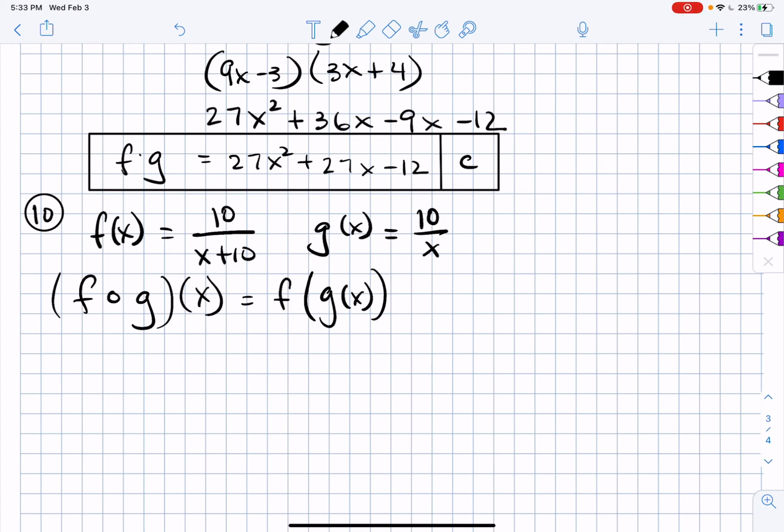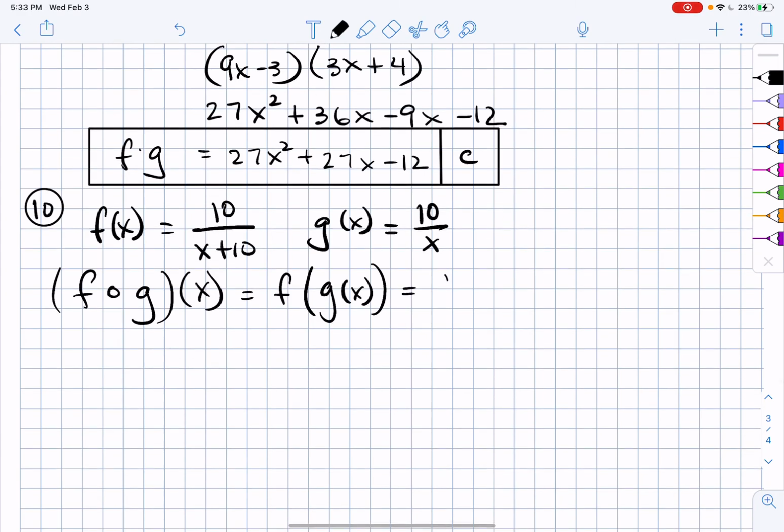So in other words, it wants to find f of 10 over x, which means whatever x is, replace it with 10 over x in that f function. So this is going to be 10 all over 10 over x plus 10.